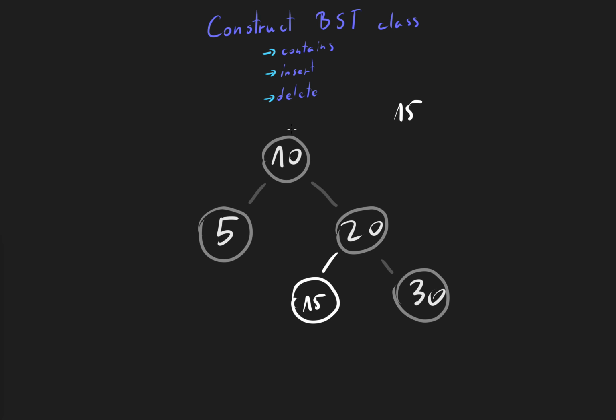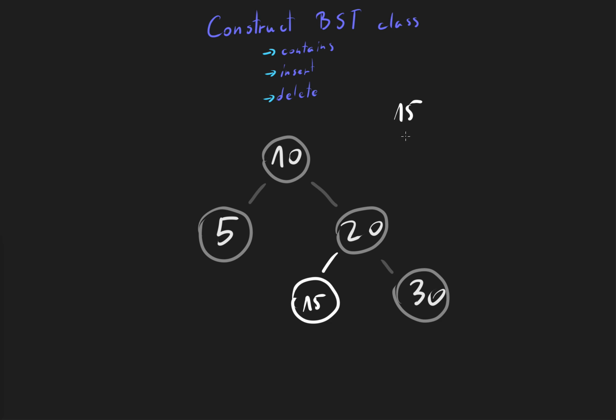Cool. And for deletion, deletion will be a little trickier than implementing insert or contains, because we have a few, I don't know, two or three edge cases. So if we want to delete 15, what we do is, of course, traverse, and once we find the node with the same value that we're looking for, we delete it, right?